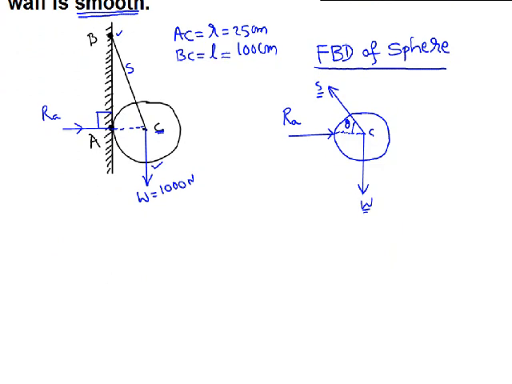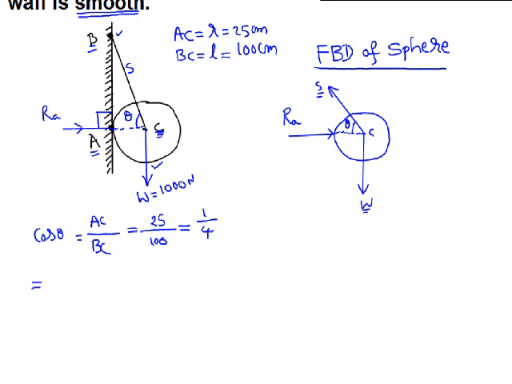This angle theta is the angle at C as shown here, and we can very quickly find it. In triangle ABC, cos theta is given by the adjacent side AC over the hypotenuse BC, which is 25 divided by 100, which is equal to 1 by 4.